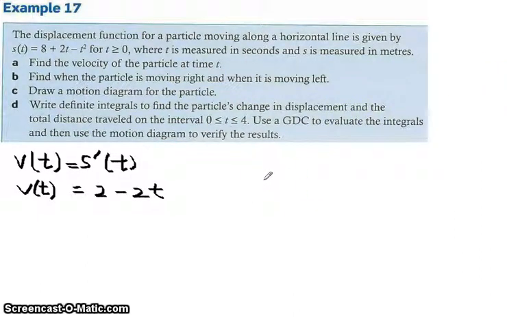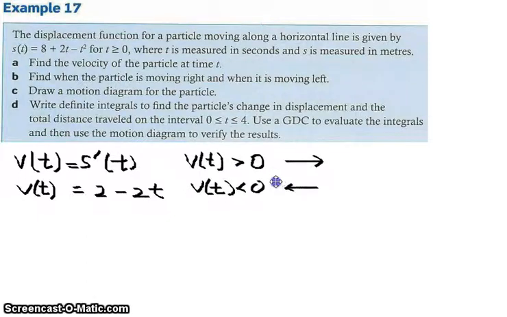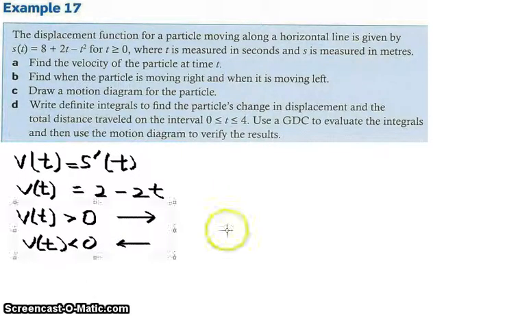When my velocity is less than 0, what does that mean? I hope you guys still remember this. We talked about this when we were first learning about derivatives, right? So when my velocity function is greater than 0, which means positive, my object is going to the right. And if my velocity is less than 0, that means my object is going to the left, right?